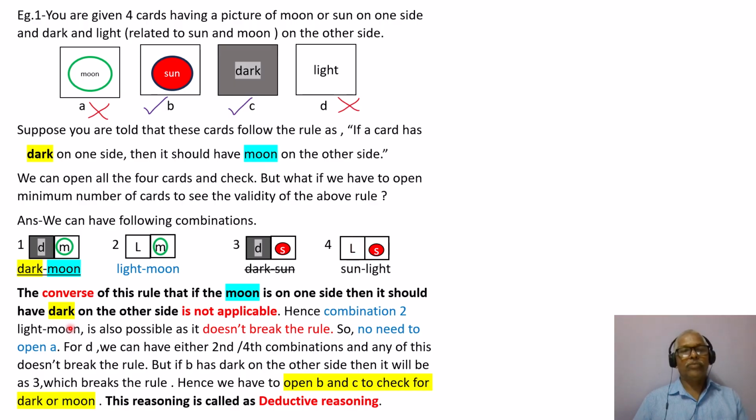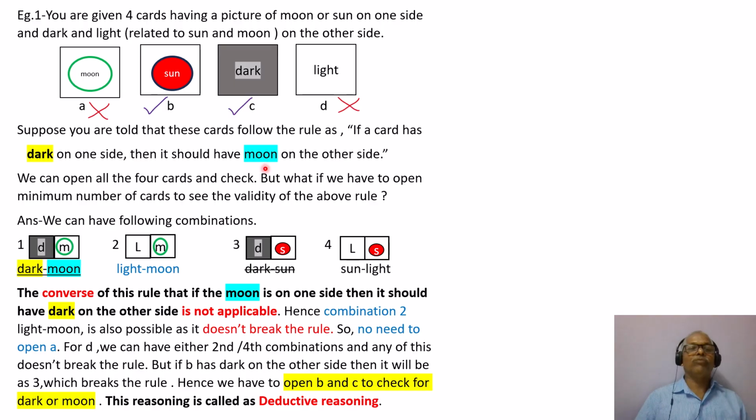Now look at this comment very carefully. The converse of this rule, that if the moon is on one side then it should have dark on the other side, is not applicable. Got it? The rule is if a card has dark on one side, then it should have moon on the other side.